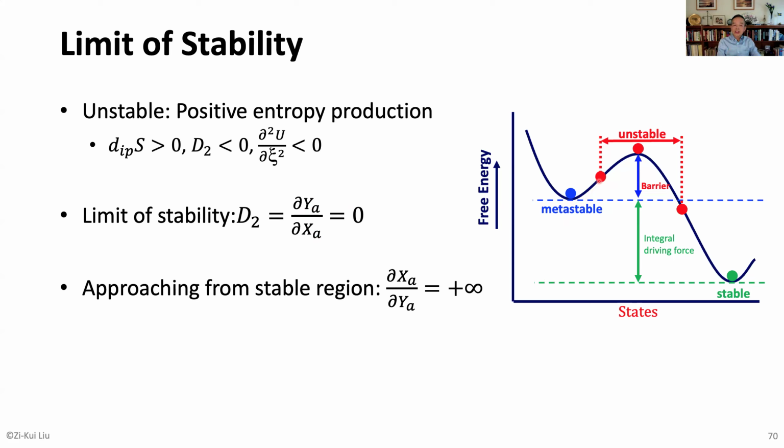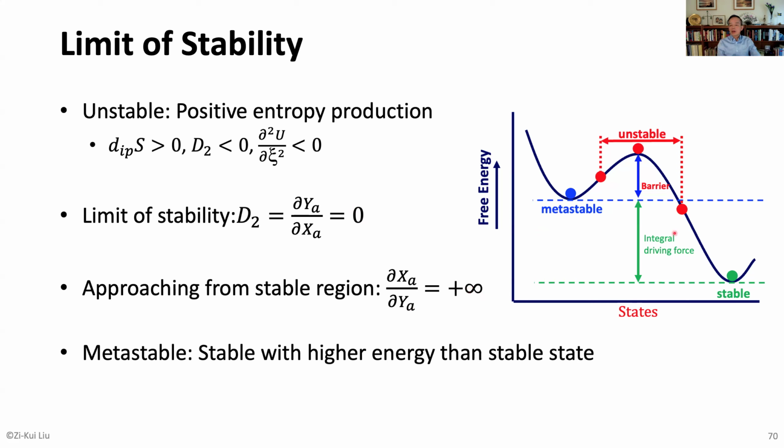Now, if we invert this derivative, going to dx_a over dy_a, you find it becomes infinite, because 1 over 0 is infinite, with 0 approached from the positive side. So this inversion gives a positive infinity. We call this an anomaly because of the divergence: the molar quantity x_a diverges at that point.